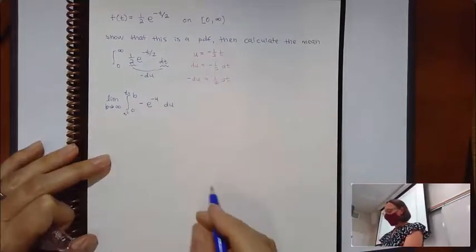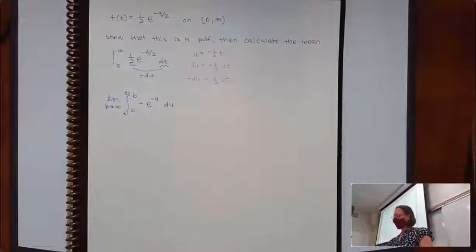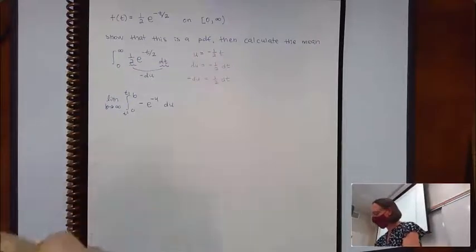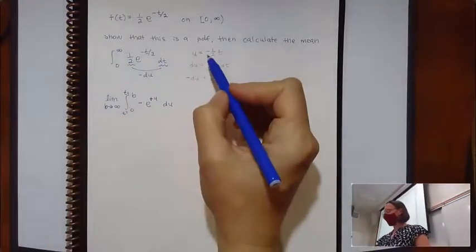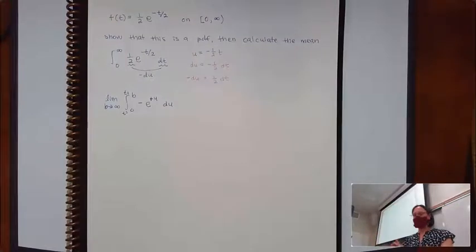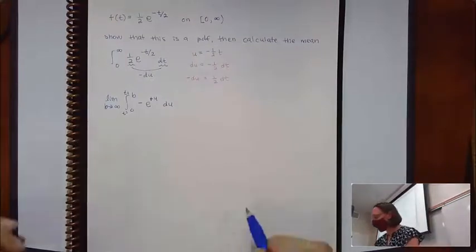Where did you get the negative u? Oh, no, you're right. It's a positive u. We'll just do that. You're right, because I took the negative as part of my u. Yep, absolutely. Thank you.